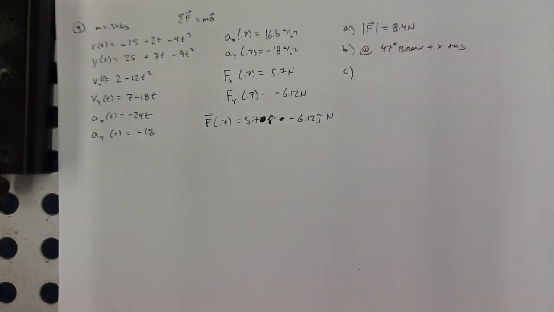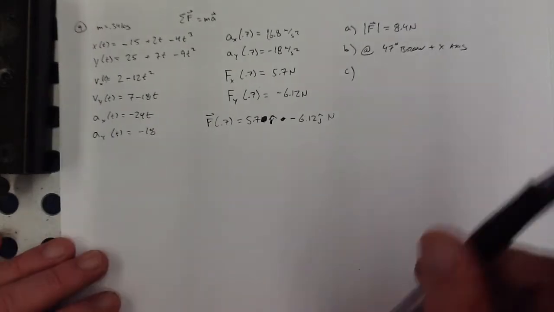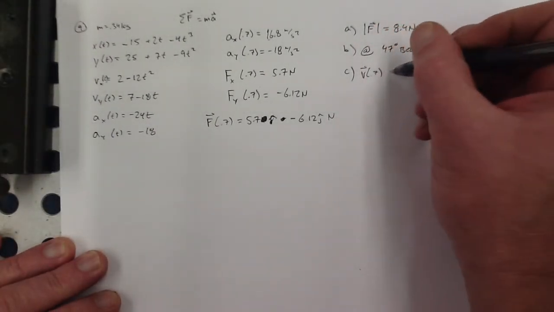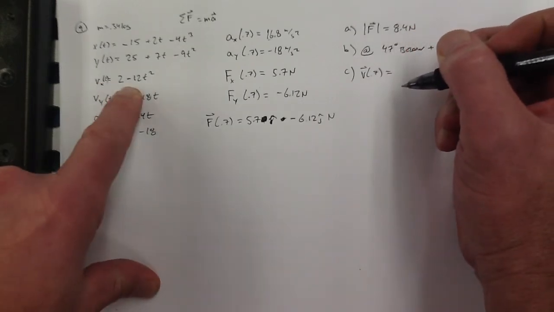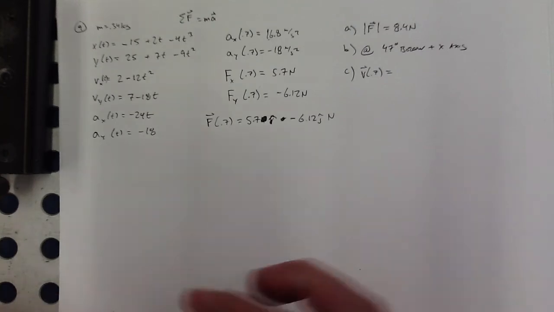And how about the direction of travel? Well, the direction something's going in is the same as the direction of its velocity. So I would need to know what is the velocity at time 0.7. It looks like the x component is going to be 2 minus 12 times 0.7 squared.